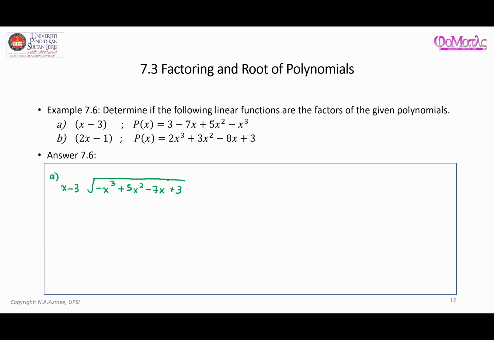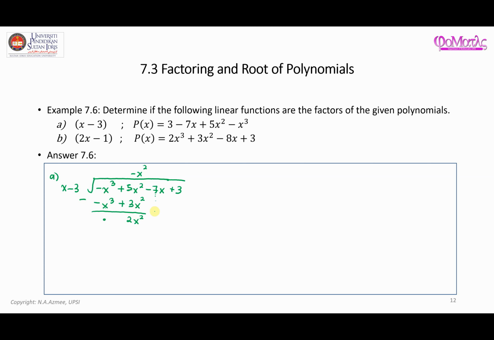I need to find a value such that when I multiply it by x, I get negative x cubed. Obviously the choice will be negative x squared. Negative x squared times x is negative x cubed. Negative x squared times negative 3 is positive 3x squared. Subtract, this term will be gone. 5 minus 3 will be 2x squared.